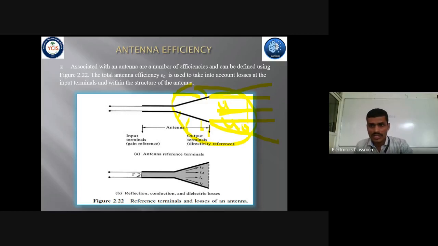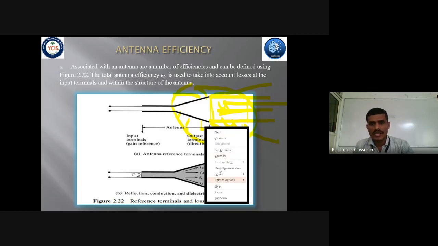Now, this intensity is your radiation intensity, which is in front of your antenna. But now we are calculating antenna efficiency. When directivity is calculated, radiation intensity divided by isotropic radiation intensity is considered.